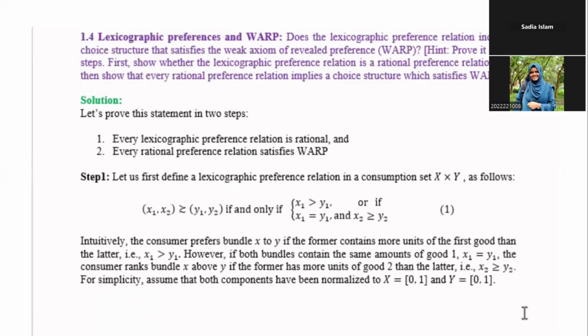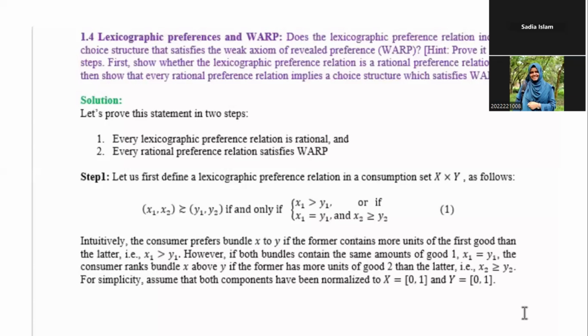So let's consider a lexicographic preference for two consumption sets X and Y, where X1, X2 is the bundle of good X. Say for example, X is apple and Y is orange, and X1, X2 is the quantity of apple, and Y1, Y2 is the bundle of quantity of orange.